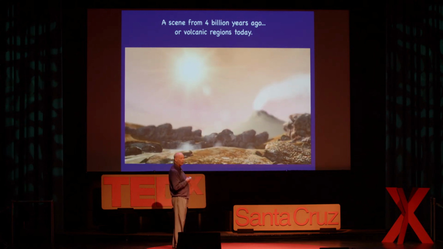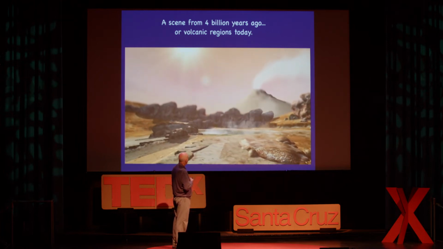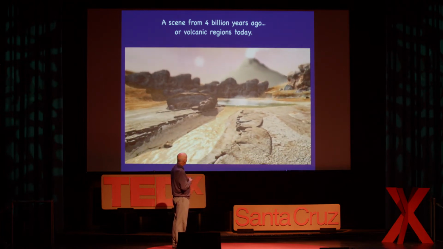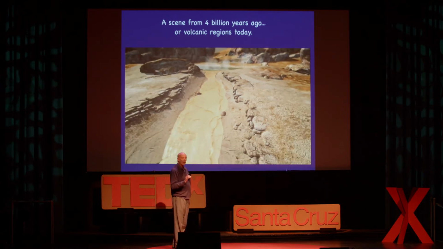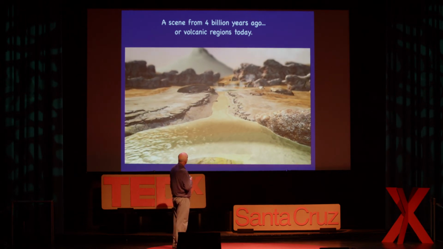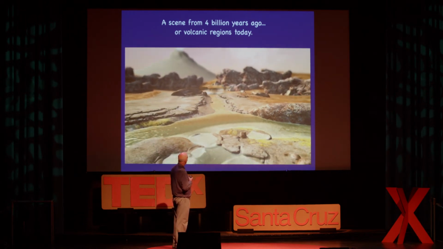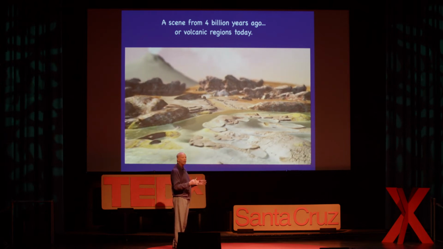There were geysers, just like Yellowstone, if you visited there. The water from the geyser runs downhill, and the brown stuff on top is organic compounds that are floating on the surface of the water. As the water flows downhill, it makes little puddles, and the most important thing about those puddles is that they're not just stationary.